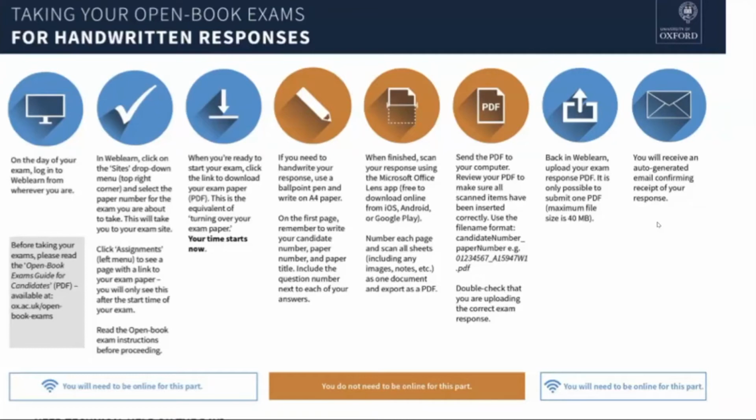It helps to transform any kind of handwriting into proper, legible answers for the examiners to be able to mark well. And they also say that the maximum file must be a certain megabyte and all that. And again, they tell you when you should be online and when you should be offline, and when you should be online again.